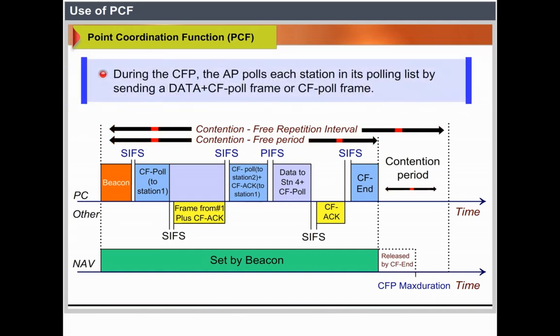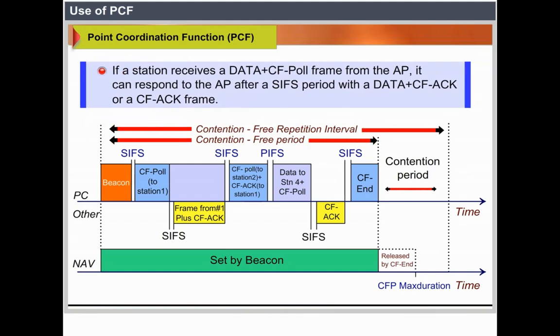During the CFP, the AP polls each station in its polling list by sending a data plus CF poll frame or a CF poll frame. If a station receives a data plus CF poll frame from the AP, it can respond to the AP after a SIFS period with a data plus CF ACK or a CF ACK frame.